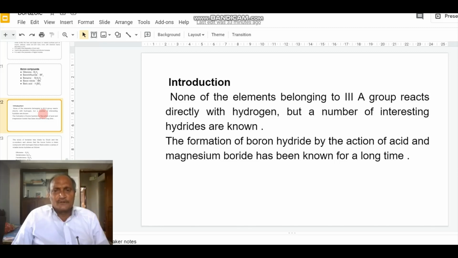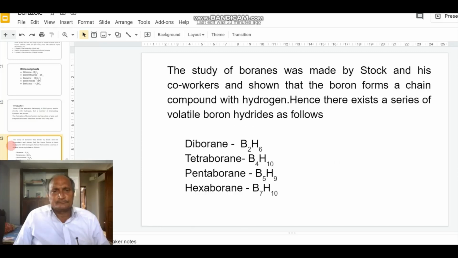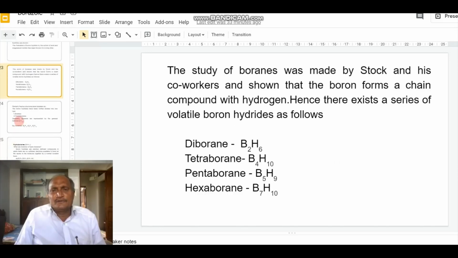The formation of boron hydride by the action of acid and magnesium boride has been known for a long time. The study of boranes was made by Stock and his co-workers, and they showed that boron forms chain compounds with hydrogen.